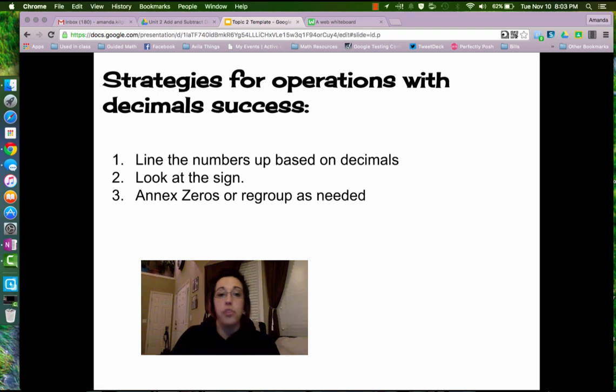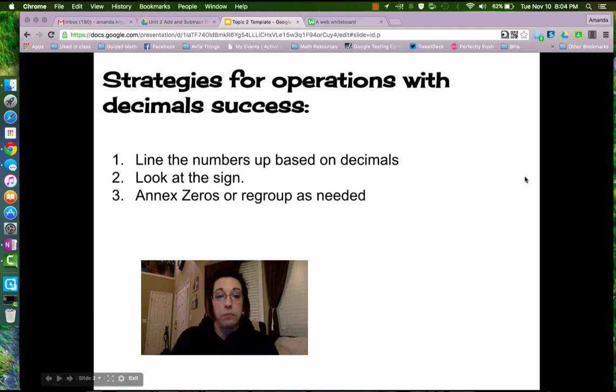And then number 3, annex zeros or regroup as needed. This is the main error that I'm seeing in your work with all of your exit tickets and launch tickets. So let's do some practice problems together so that we can fix these skills and make sure that you are showing mastery.